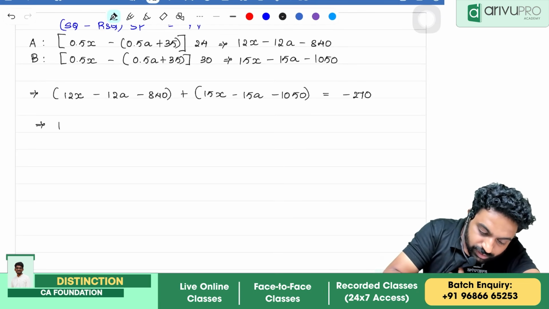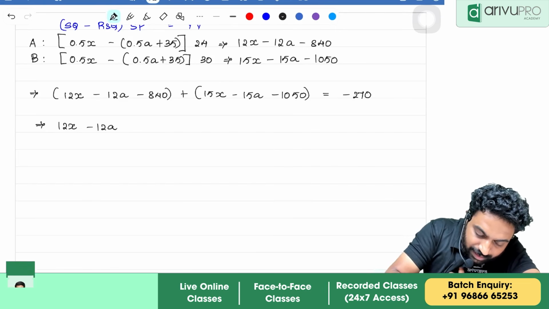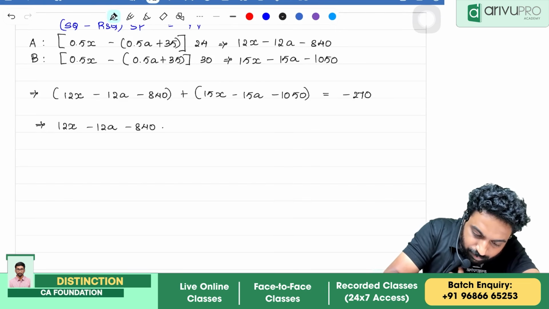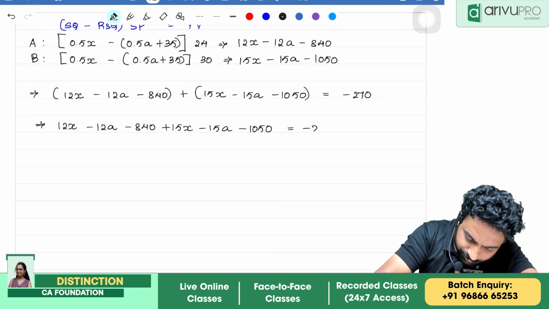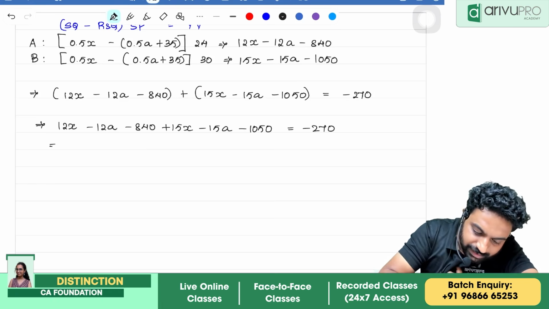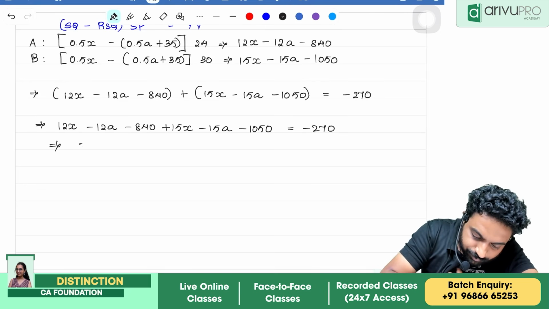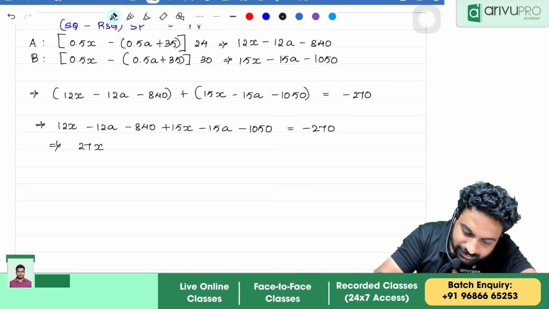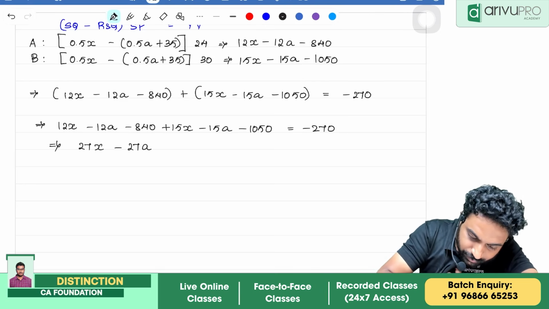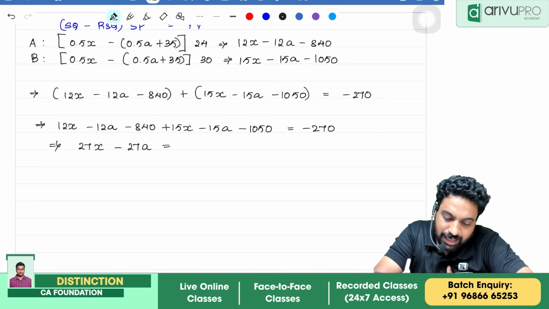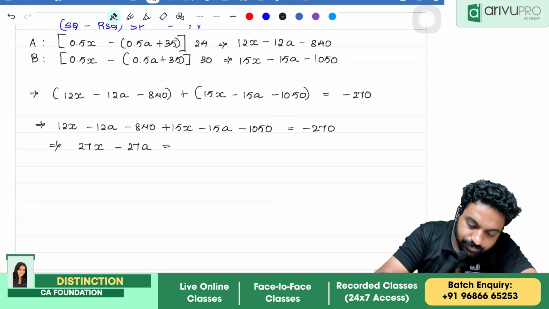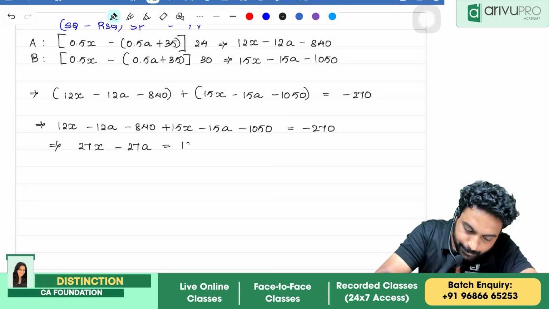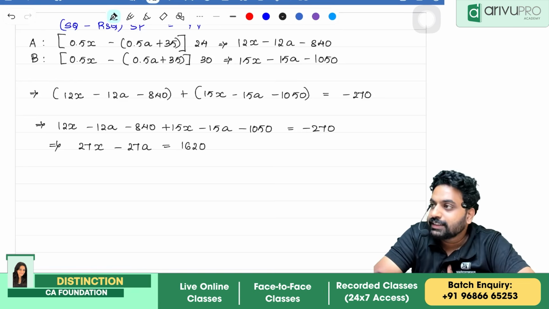Done. Now 12x minus 12a minus 840 plus 15x minus 15a minus 1050 is equal to minus 270. 12x plus 15x, 27x minus 27a is equal to minus 270 plus 1050 plus 840, that is 1620.